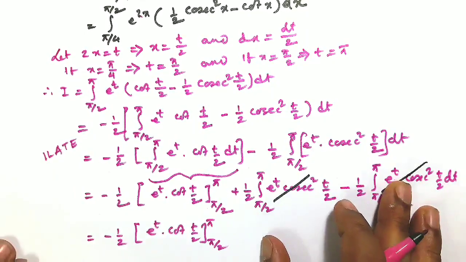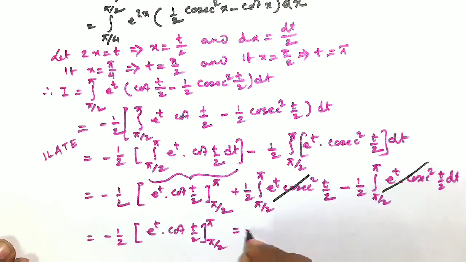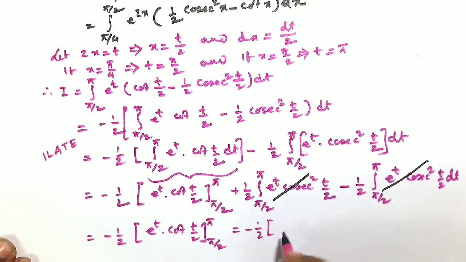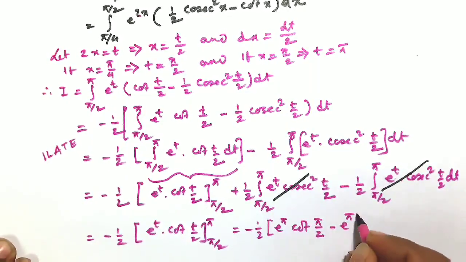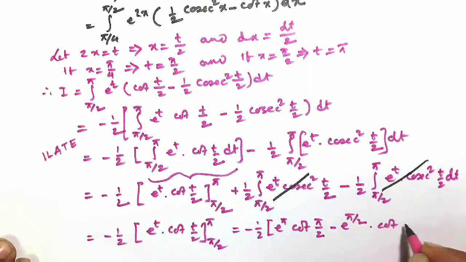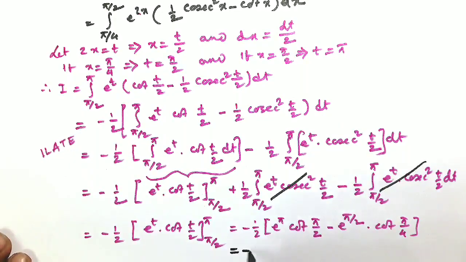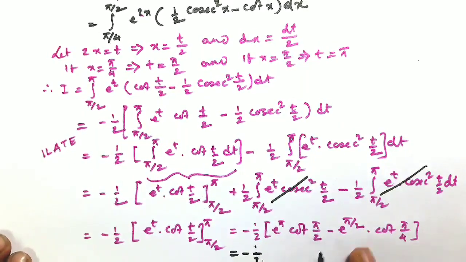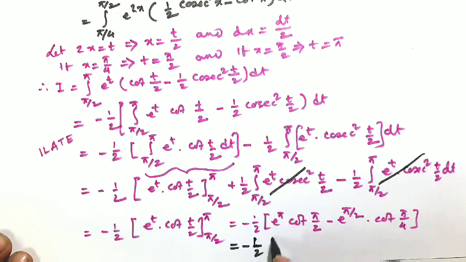Okay, so we are getting it as minus half e to the power pi cot of pi by 2 minus e to the power pi by 2 cot pi by 4, isn't it? So we are getting the result like minus half 0 minus e to the power pi upon 2.